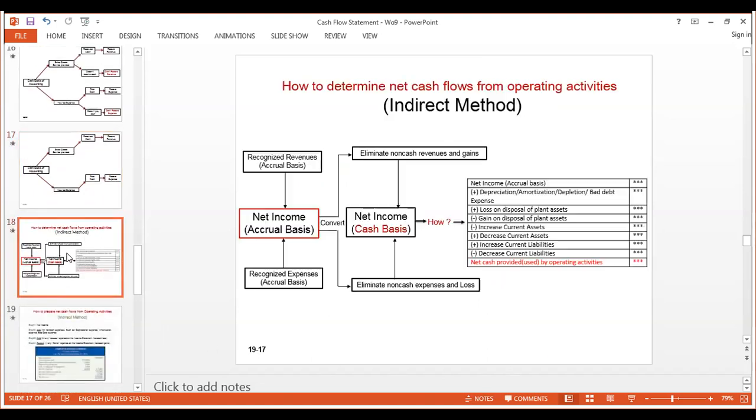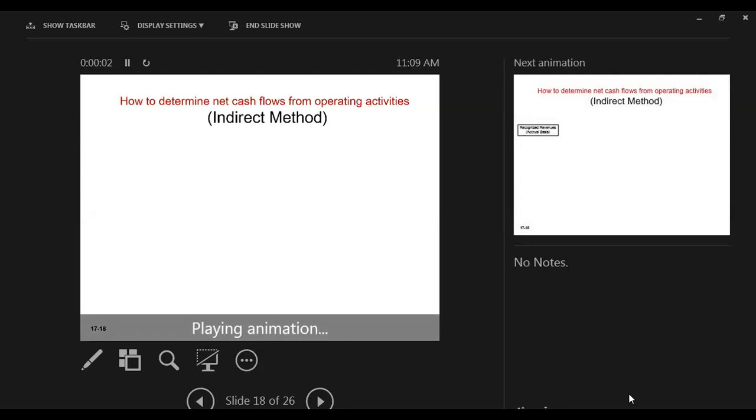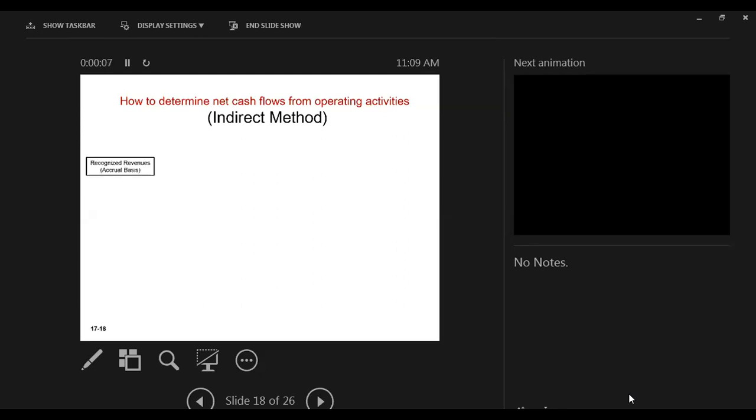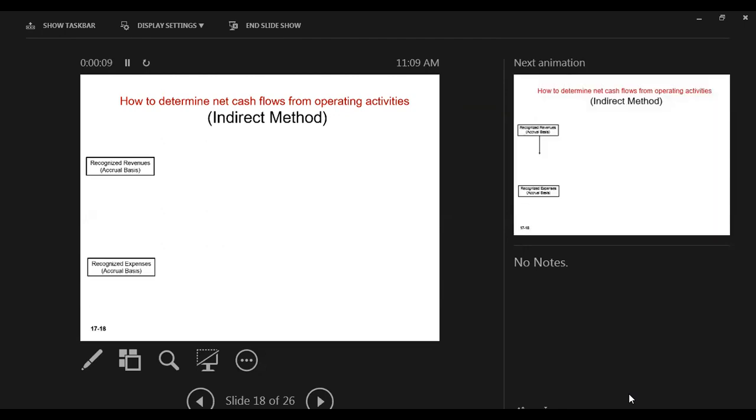Look at this diagram. We have accrual basis expense and accrual basis revenue, right? This is given in the question.